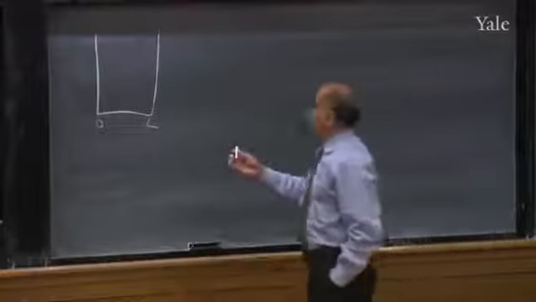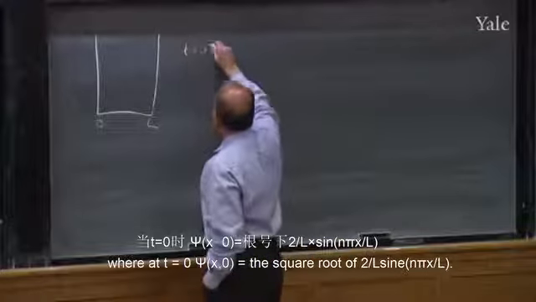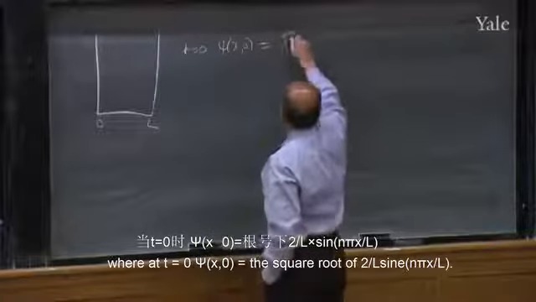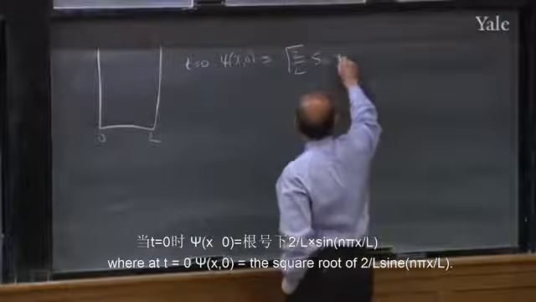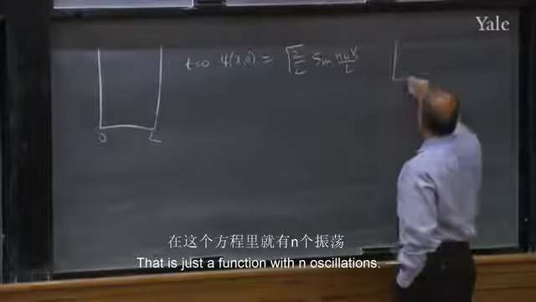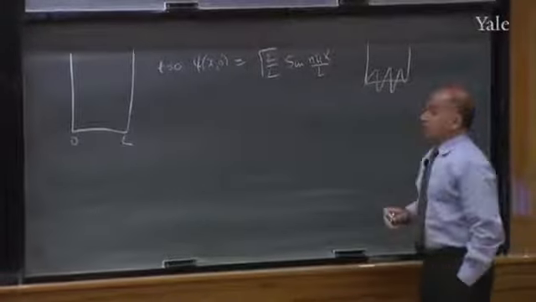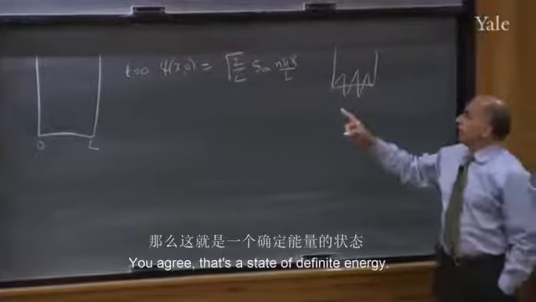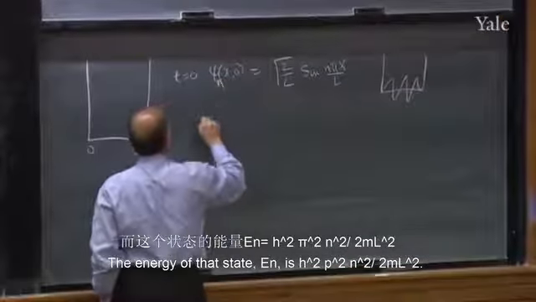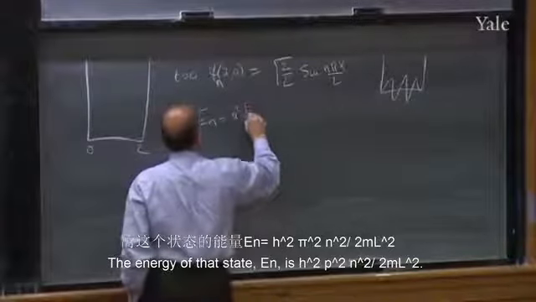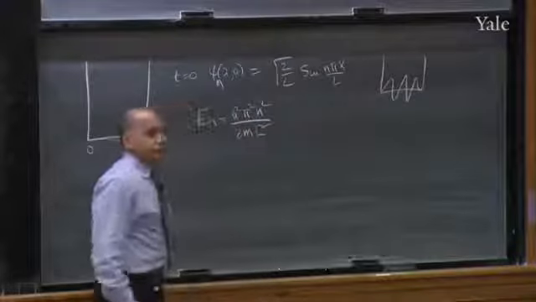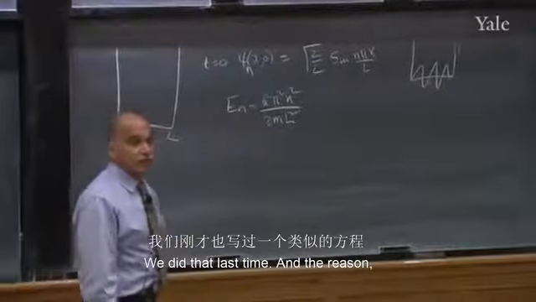Let's first take a simple case where at t equal to 0, psi of x and 0 is equal to the square root of 2 over L sine n pi x over L. That is just a function with n oscillations. You agree that's a state of definite energy. The energy of that state, E sub n, is h bar square pi square n square over 2m L square. We did that last time.